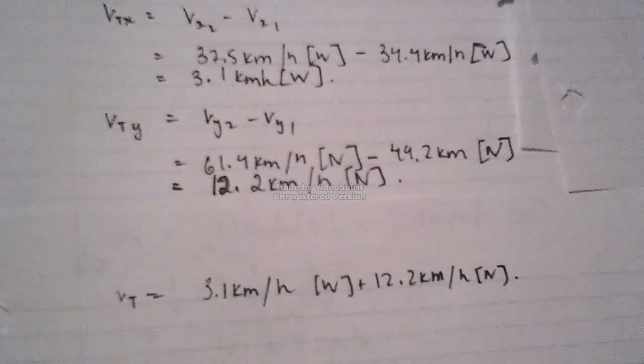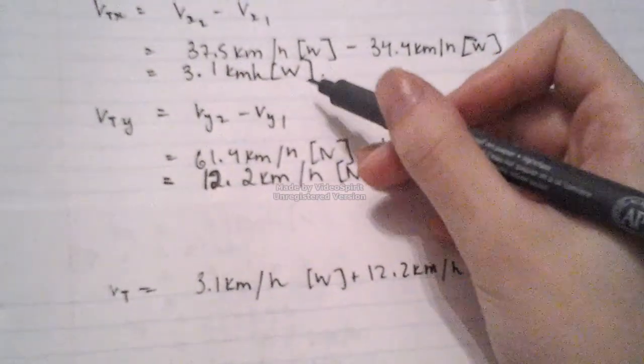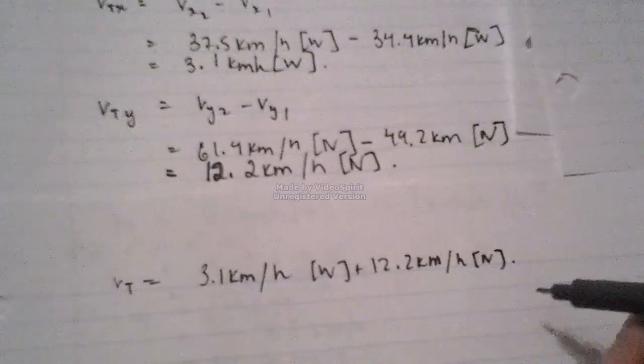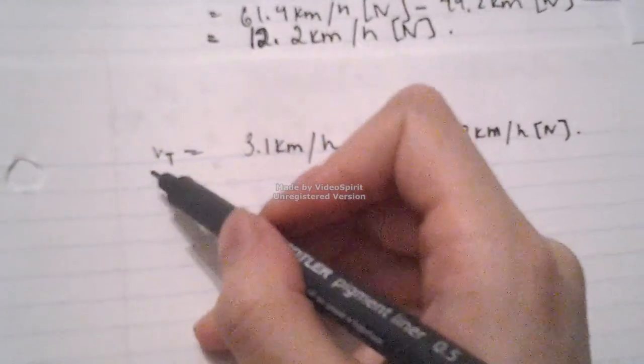So our total velocity is equal to 3.1 kilometers an hour west plus 12.2 kilometers an hour north.